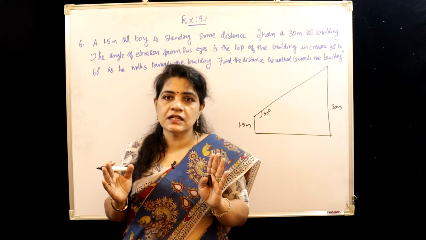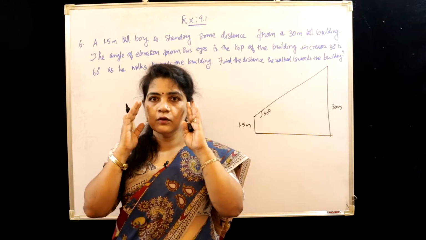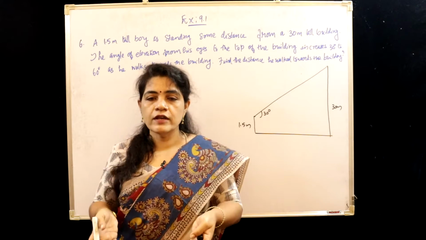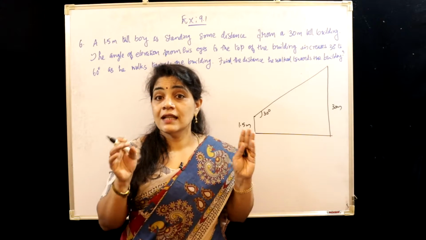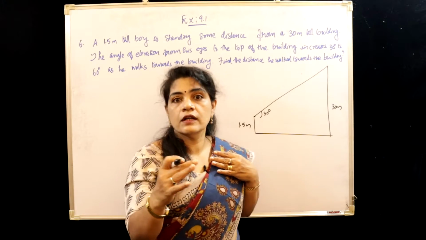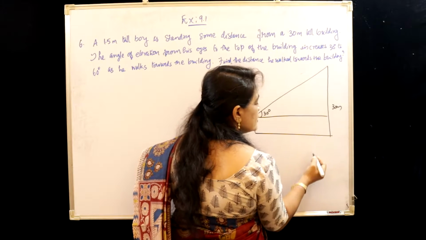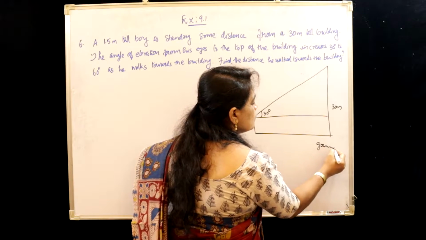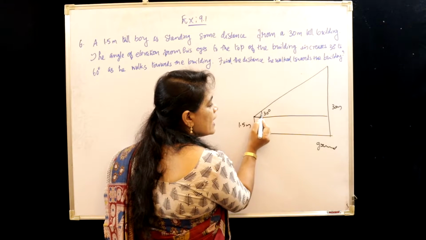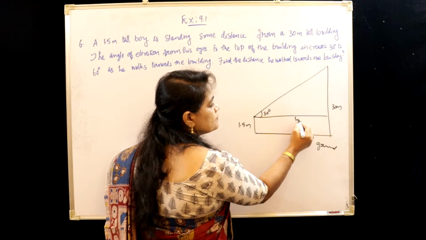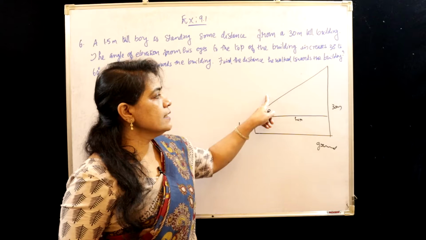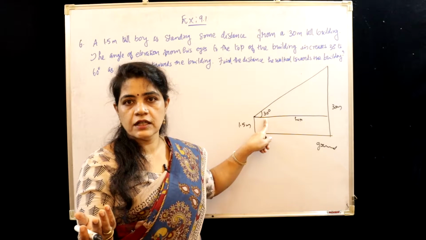As we move straight, our eye level is always parallel to the ground, and that line is what we call the horizontal level. So we have to draw a line which is parallel to the ground. This is the ground. So from this, the angle between the horizontal and the line of sight, that is the angle of elevation that we know.